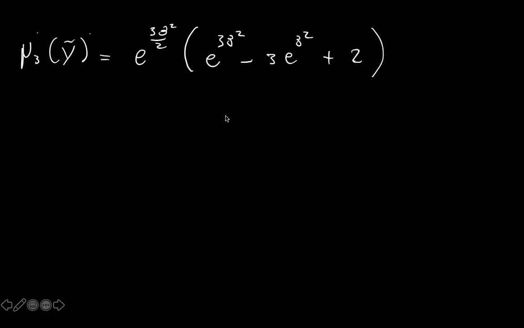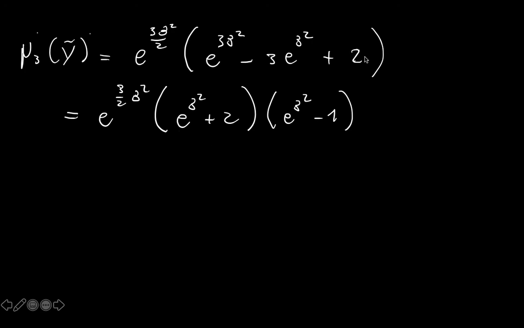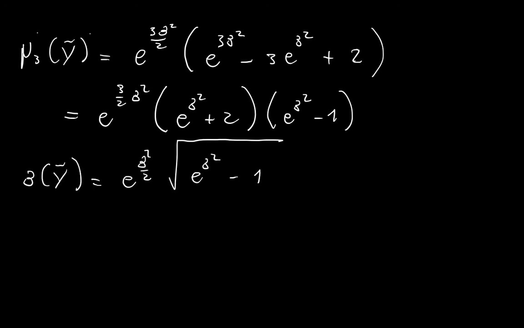By doing simple algebra we can decompose this polynomial into the product of these two polynomials, which are useful for the simplification that will be needed in the next step, which is the division by the standard deviation to the power 3.